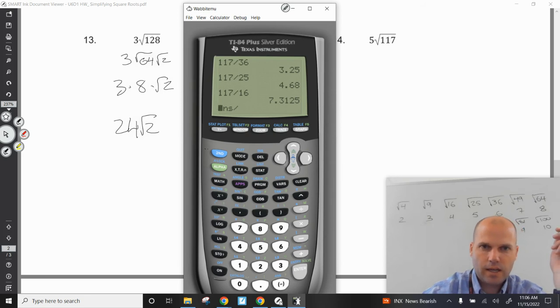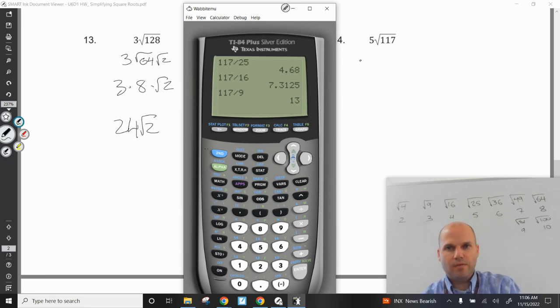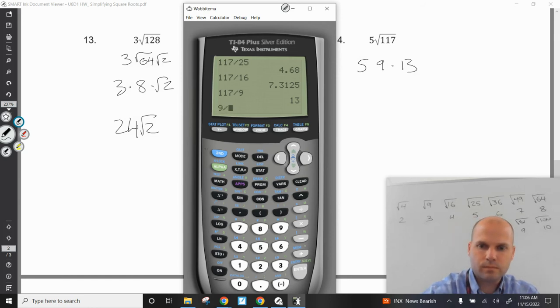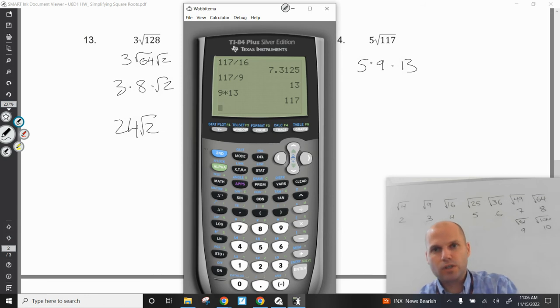Let's try 9. Ooh, 9 and 13. That's fun. So 9 times 13 is 117. Root 9 times root 13 is root 117.